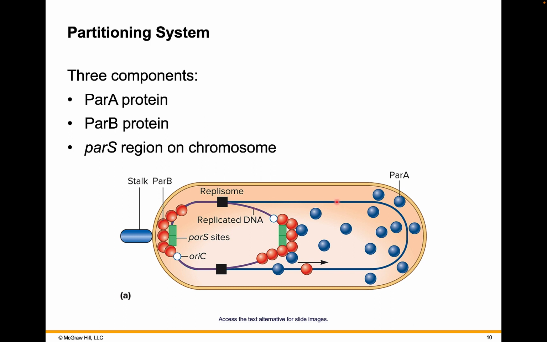Remember that although we are saying mother and daughter chromosome, each chromosome has one original, parental strand and one new daughter strand, because DNA replication is semi-conservative. Each one will have one of the older strands and, along with that, one newer strand. So it's essentially the same.